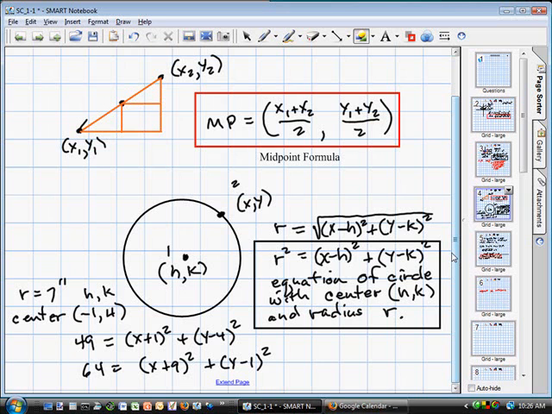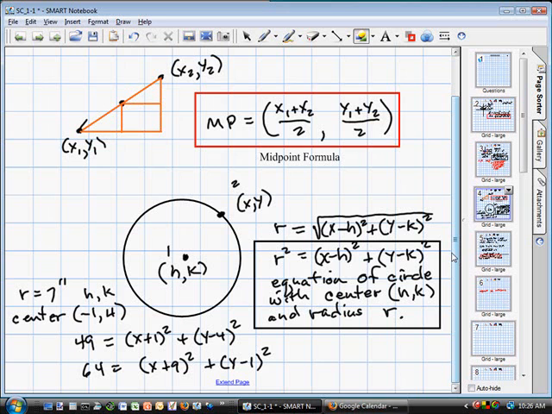So, points that are equidistant. Distance formula, excuse me. I was talking to somebody about distance ed this morning. So we'll call this our radius, r.